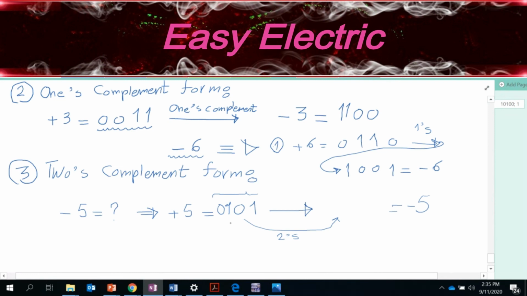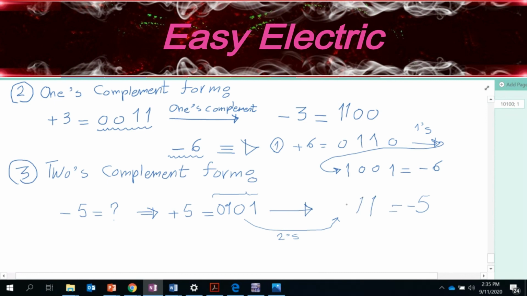That's probably our last class lecture, right? For getting the 2's complement, first keep the non-zero from the right side. The first non-zero from the right side is this 1. And the others: 0 to 1, 1 to 0.